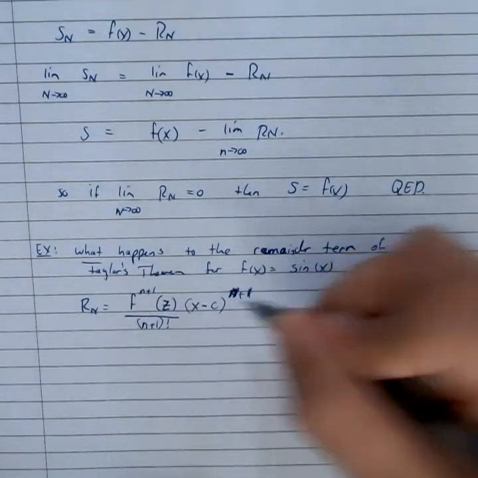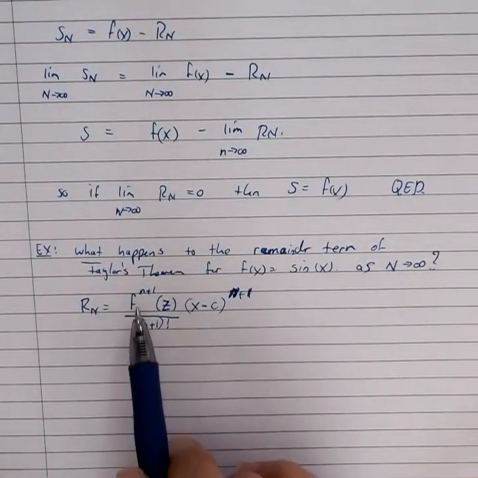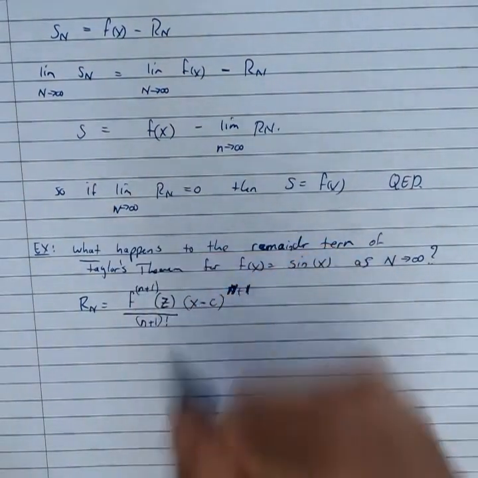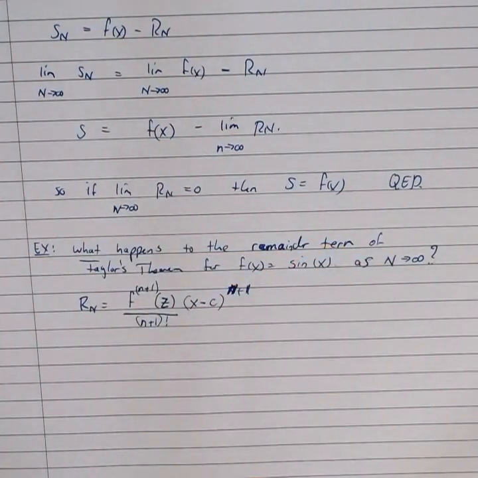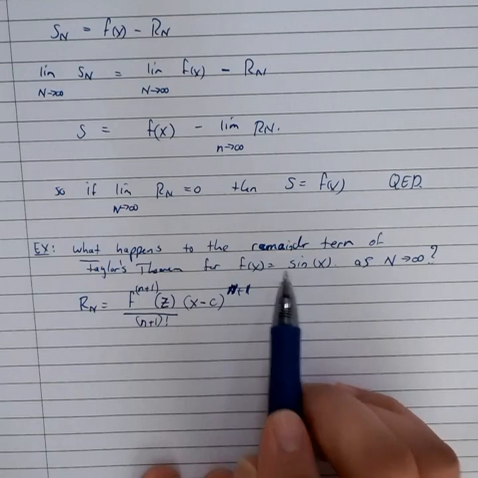Okay, so like that. So here the remainder term is given by the n plus first derivative of f, evaluated at z, over n plus 1 factorial. Now remember, whenever we took derivatives of the function f, we either got sine or cosine.